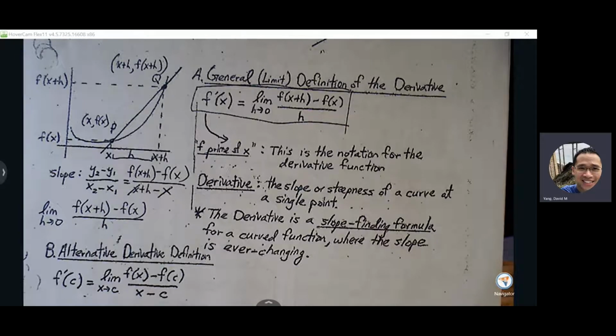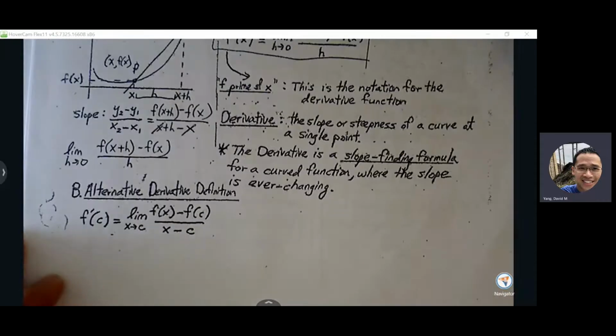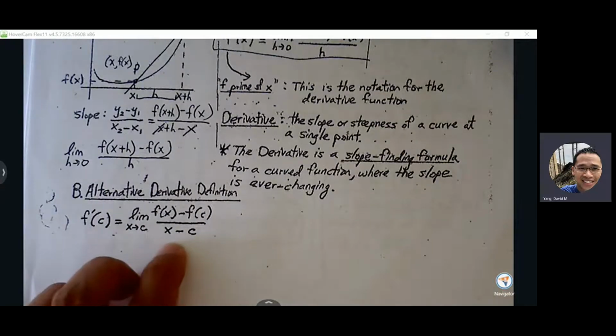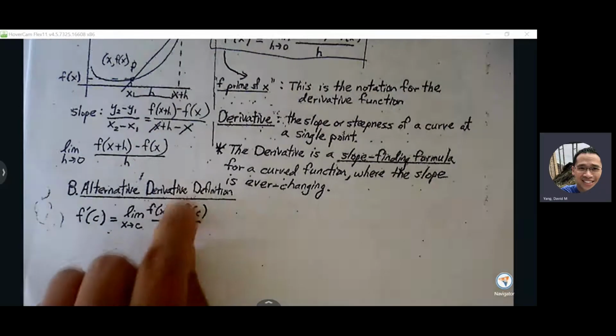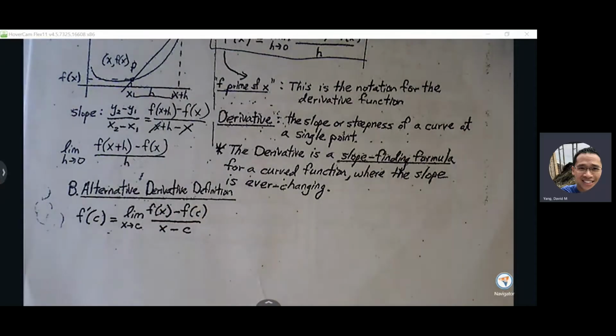This is a topic that technically is on the list of things we need to know for the AP exam, but the amount of times that it shows up is minimal, and we also have a workaround for these definitions using L'Hopital's rule later on. So for now we don't have to worry about memorizing it just yet. If we do, I'll let you know. But right now, I don't think we do. Okay.